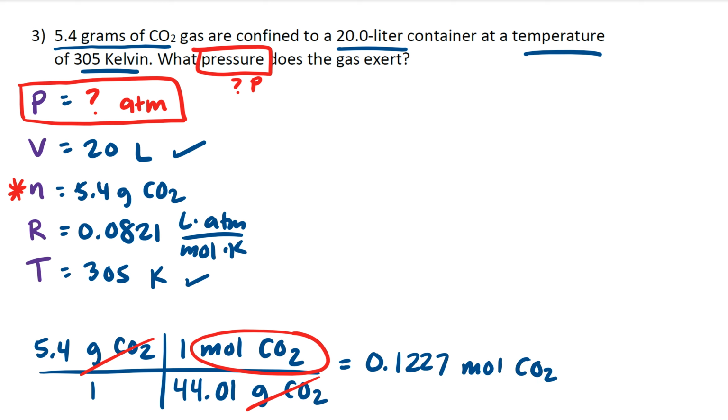And because this is not a final answer, I don't want to round for sig figs just yet. A good rule of thumb is keep 4 sig figs in these intermediate answers, and then you'll avoid any rounding mistakes. So we're going to insert this in for our N.